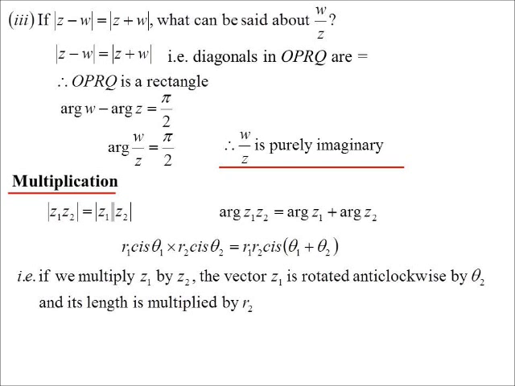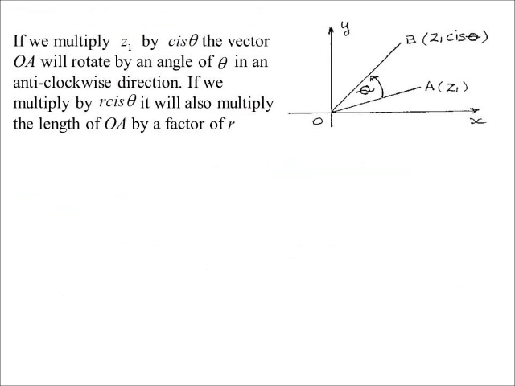So let's put that in a little bit more context. There's Z1. If I was to multiply Z1 by some complex number, let's make it easy and give it a modulus of 1 at this stage, so I'm just going to multiply it by cis theta. Then it has the effect, our new complex number B, which is Z1 times cis theta, its length is the same, but it's moved by an angle of theta, the argument of what I'm multiplying by.